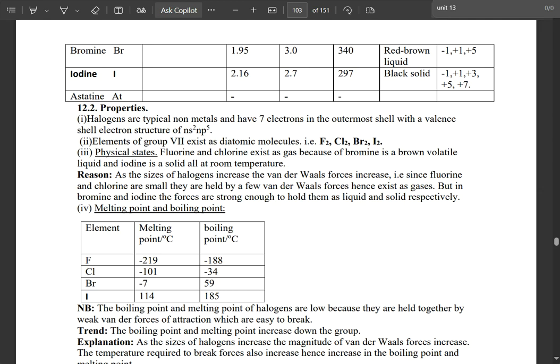If we take fluorine, we've seen that it exists as a diatomic molecule. So this means that in their molecular form they have weak van der Waals forces. Chlorine and fluorine have weak van der Waals forces, which causes them to have a low melting point and boiling point.